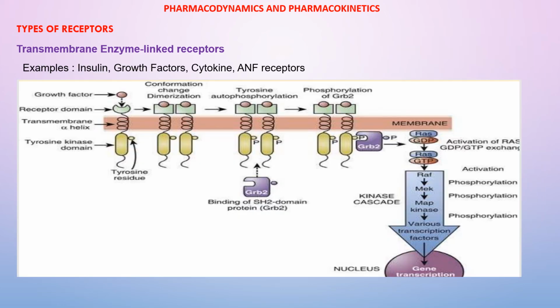Examples of transmembrane enzyme linked receptors are insulin receptors, growth factor receptors, cytokines. The example below shows activation of enzyme linked receptor by growth factor. Binding of the growth factor molecule to the receptor activates tyrosine kinase domain. This leads to conformational changes and dimerization.